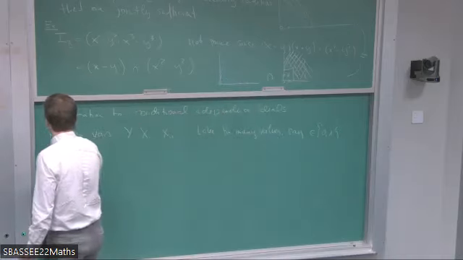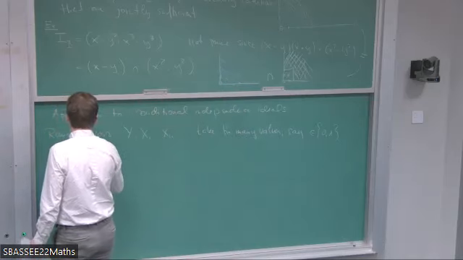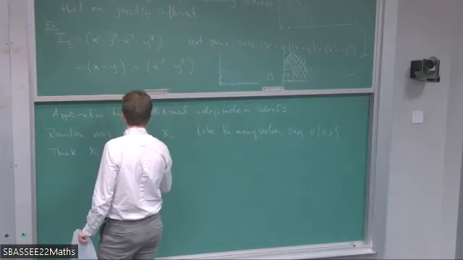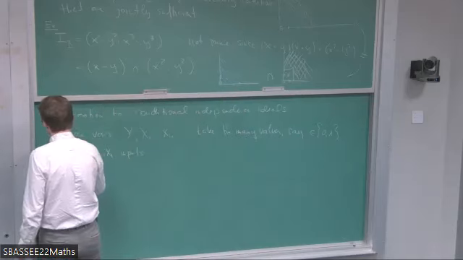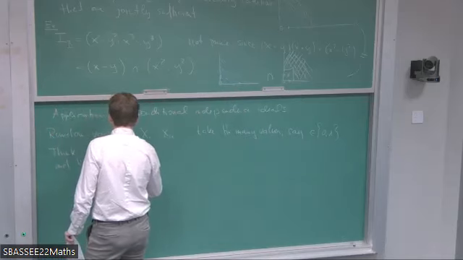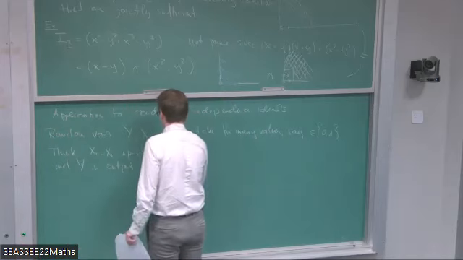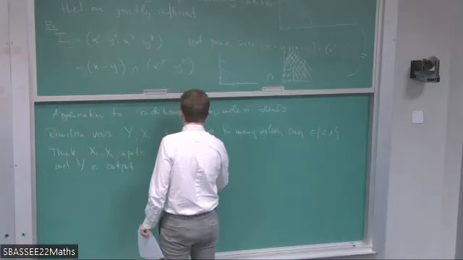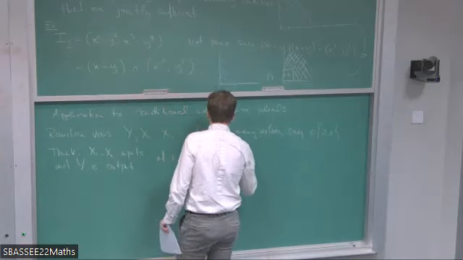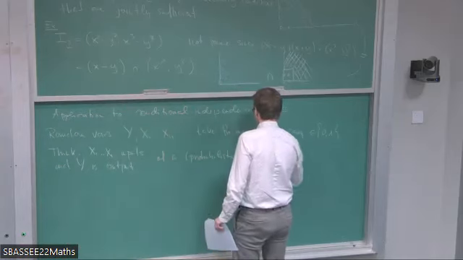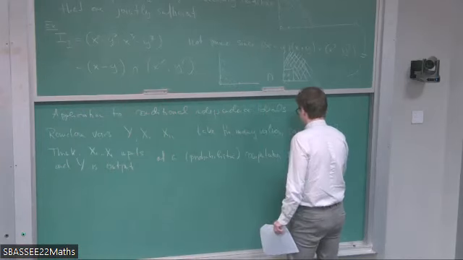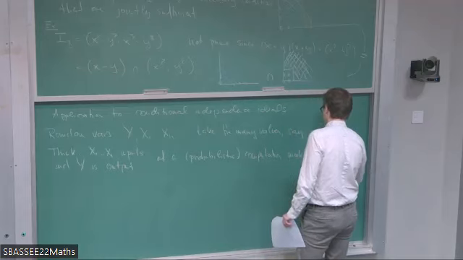So we think x1 to xn are inputs, and y is the output of a probabilistic computation modeled by just a joint distribution.